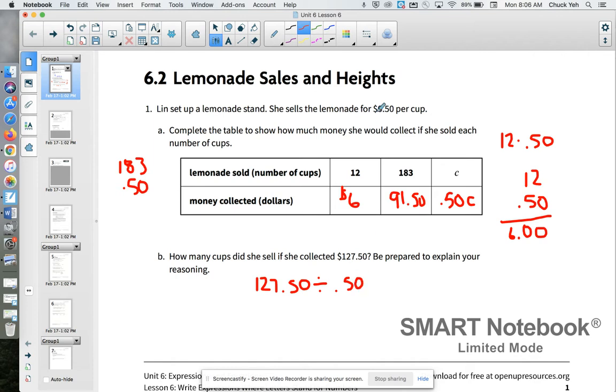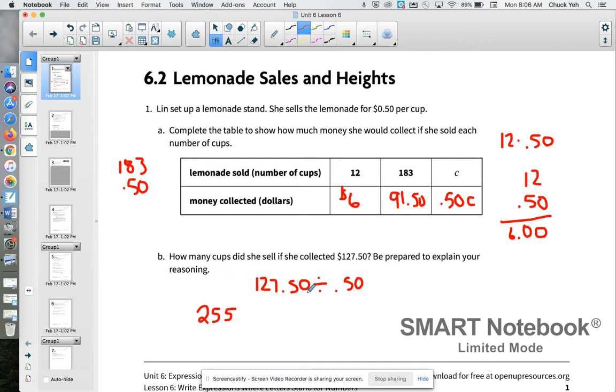Good. We were multiplying to find the total. Now we have the total. Now we have to do the opposite. 255. That's a lot of cups.